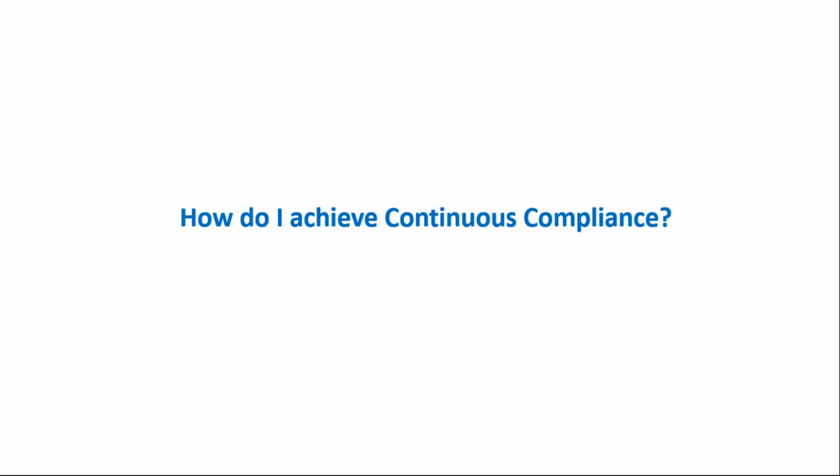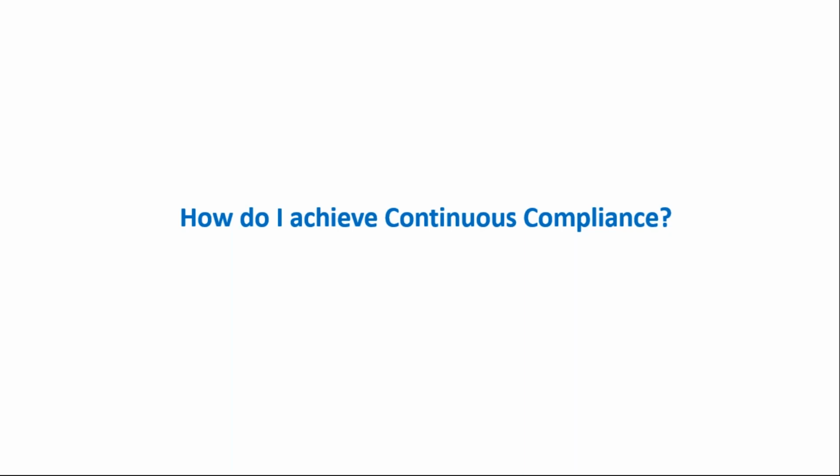Now let's see how we can achieve continuous compliance as described by the CSF framework. Now, this is where it becomes challenging. So one is the guidelines talking about all the activities that one would need to perform and also report against.